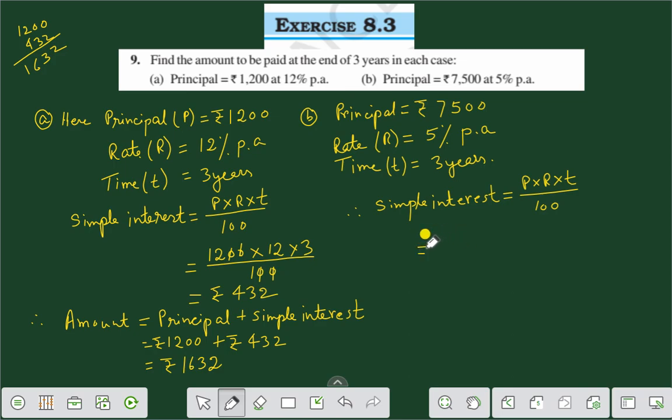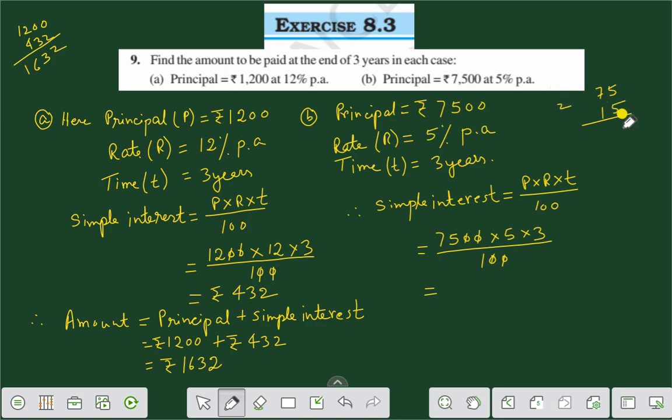P is 7500, R is 5%, that is 5, and T is 3 years, that is 3, by 100. This 0 will cut this 0, and this 0 will cut with this 0. That is, we have to multiply 75 with 15. 3 fives are 15. So multiply 75 with 15.